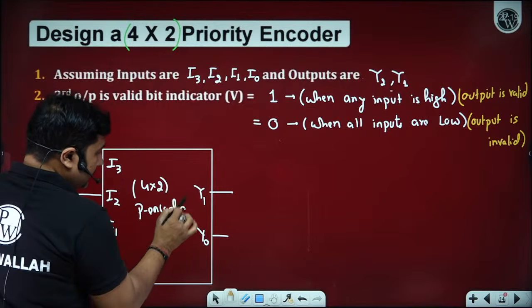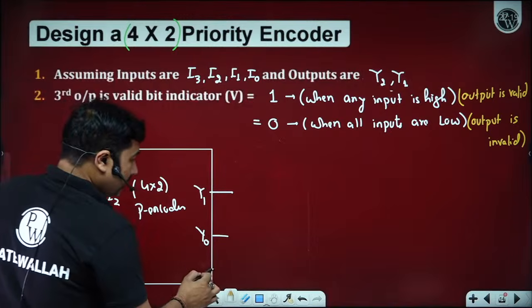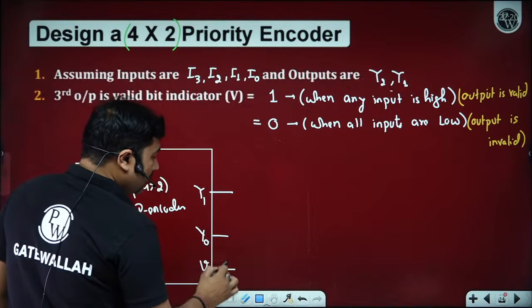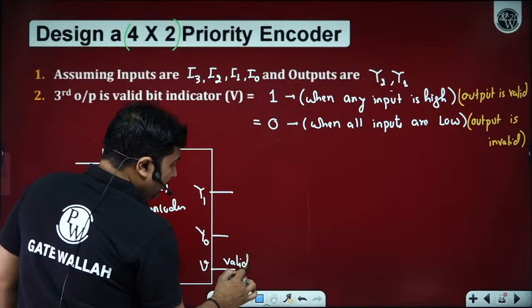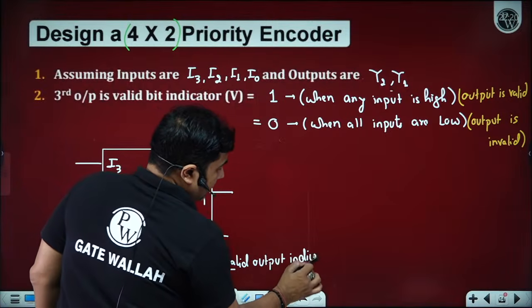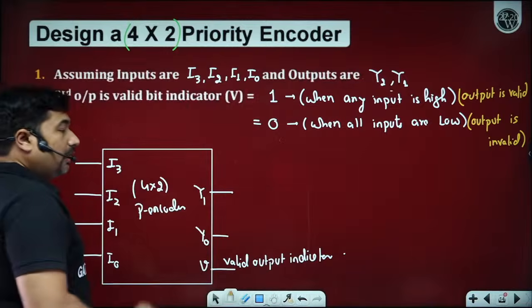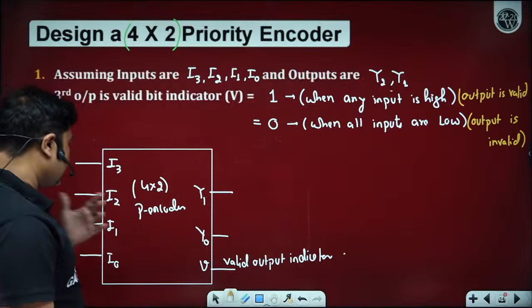So in this encoder, we have one more pin called valid output indicator. This valid output indicator indicates whether the observed output at Y1, Y0 is valid or not.